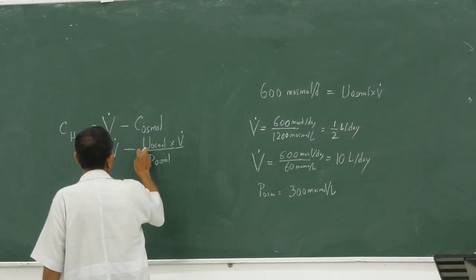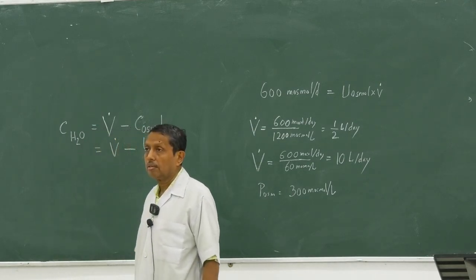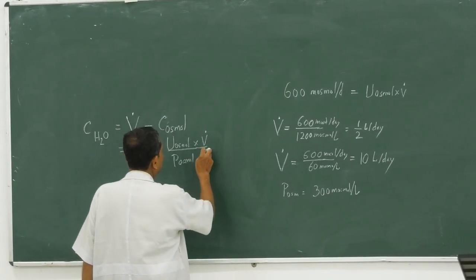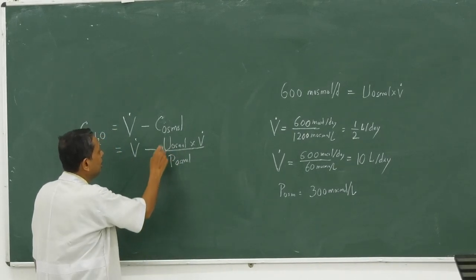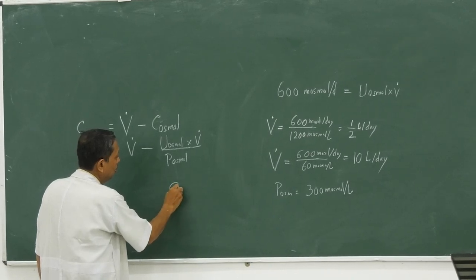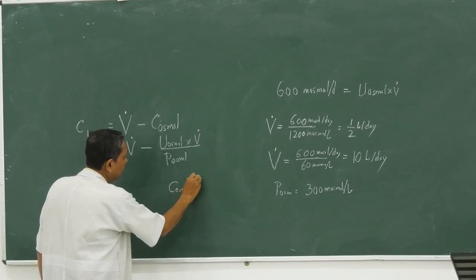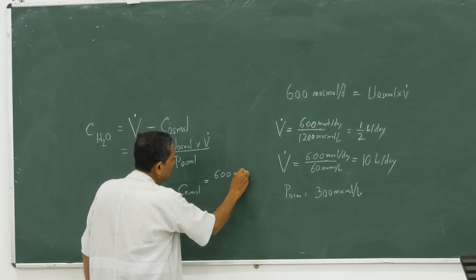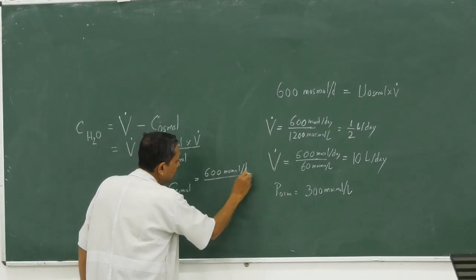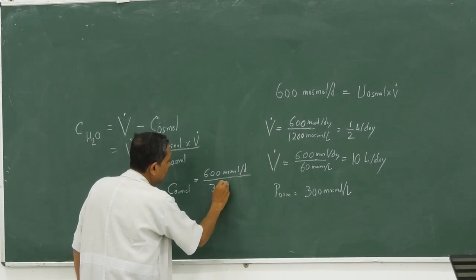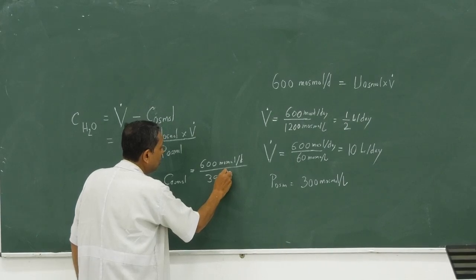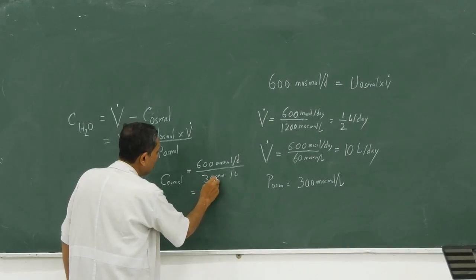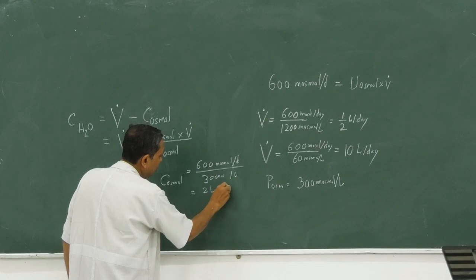So the clearance of the osmoles, C osmol, is equal to 600 milliosmol per day divided by plasma osmolarity 300 milliosmol per liter, which is 2 liter per day.